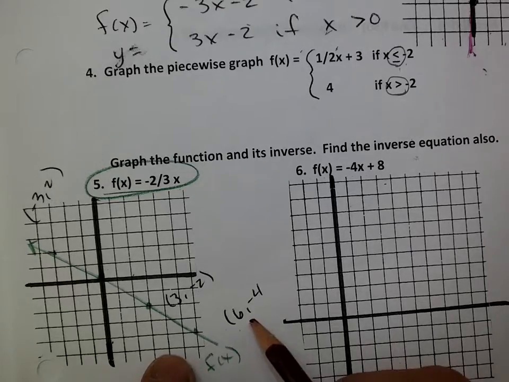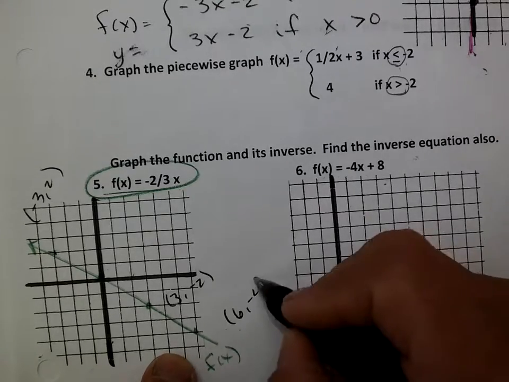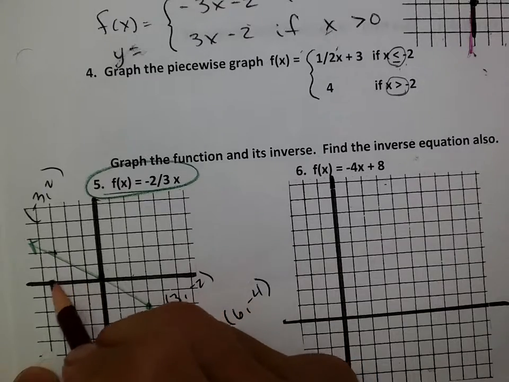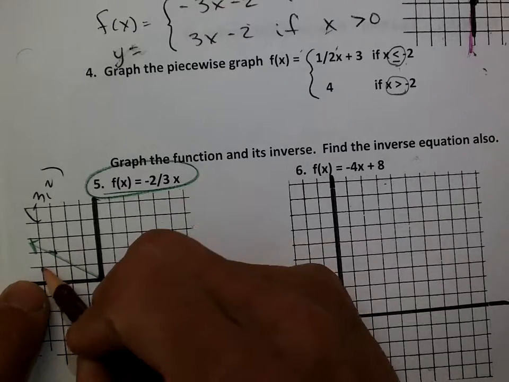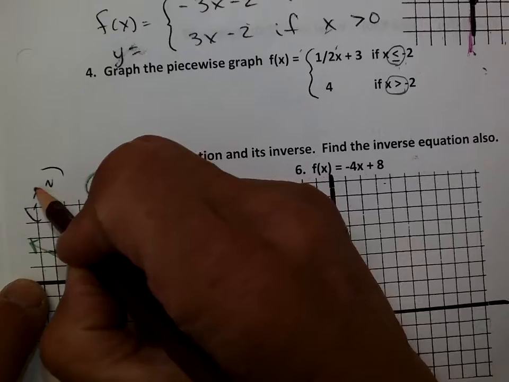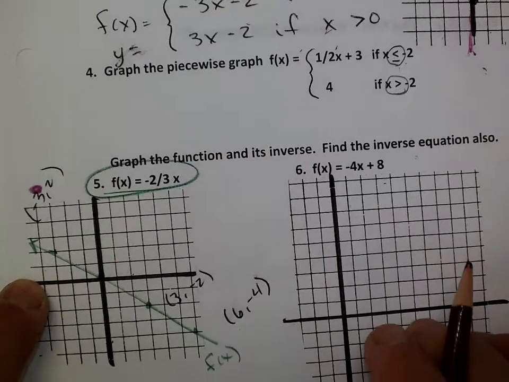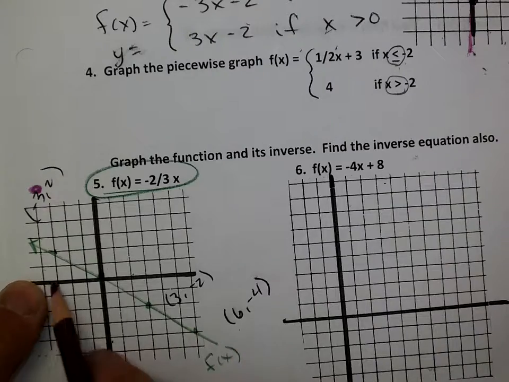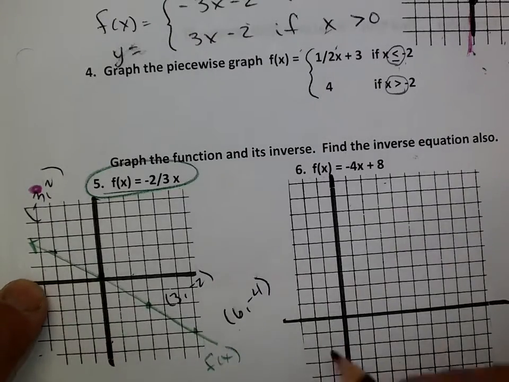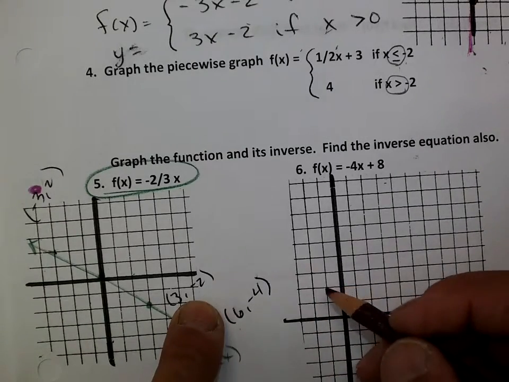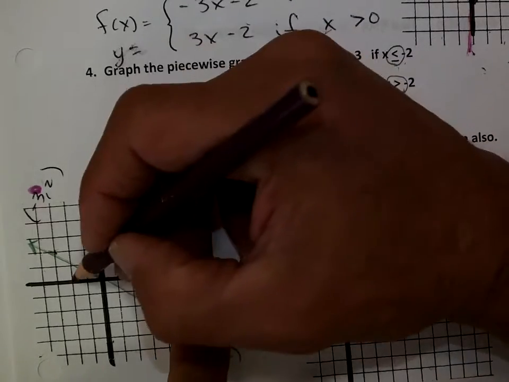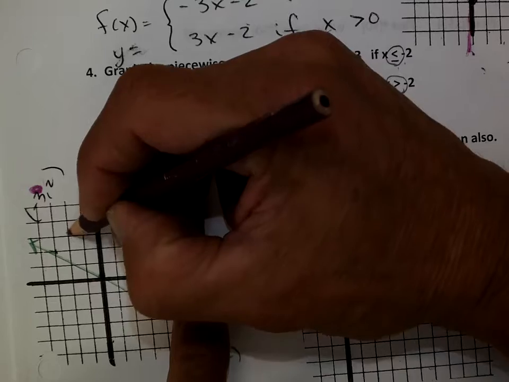So instead of 6, -4, I'd have a point at -4, 6, right? This is at 3, -2, but its inverse would be at -2, 3.